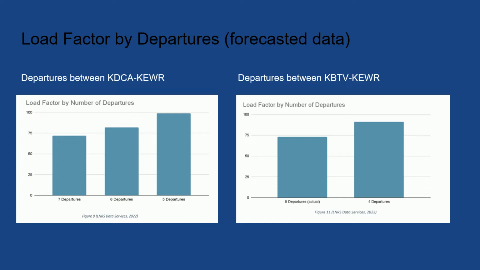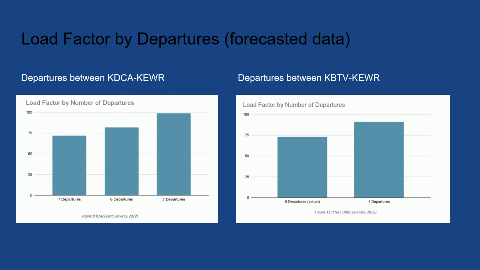So the fact that they're close to 75% load factor at the moment is probably the right size and the right amount of seats filled that they want to achieve. If you end up increasing more flights, giving passengers more options, there's no proof that we're actually going to see more passenger travel.